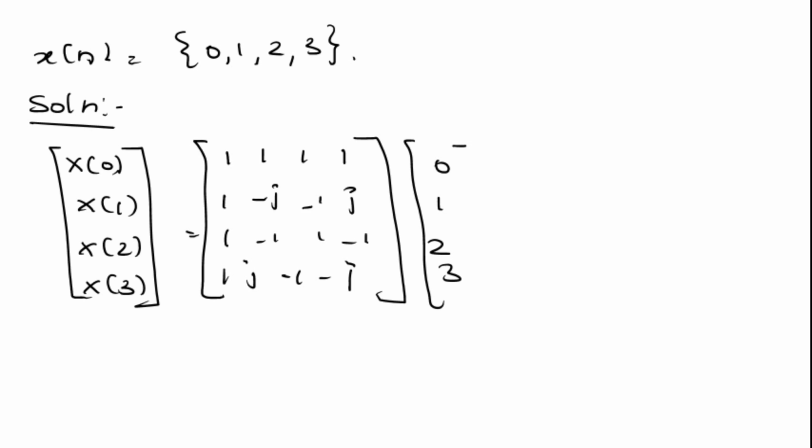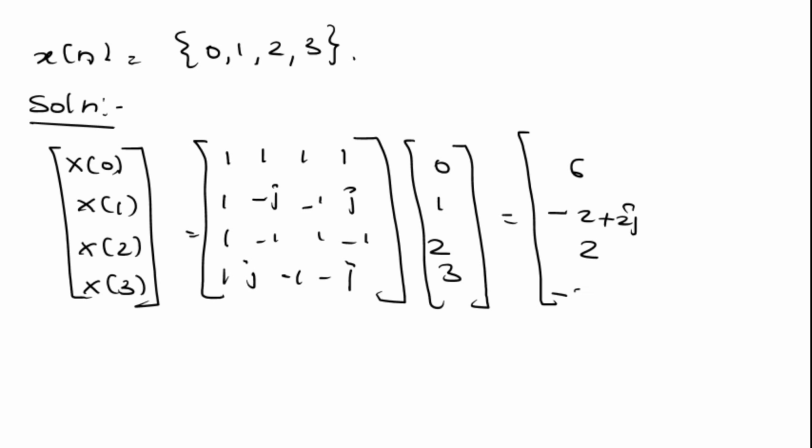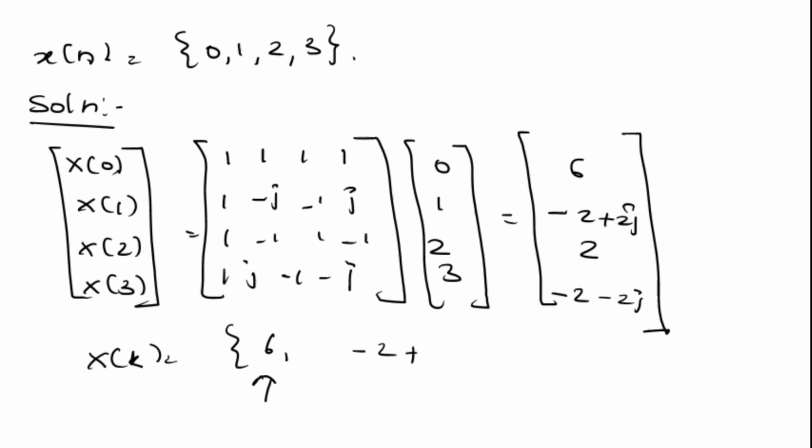So already we know the first answer will be the sum of the given samples, that means it is 6, and we have to solve the remaining. Second one you will get as minus 2 plus 2j, third one is minus 2, then the fourth one is the conjugate of the second one, minus 2 minus 2j. So we can write X of k is equal to 6, minus 2 plus 2j, minus 2, minus 2 minus 2j.